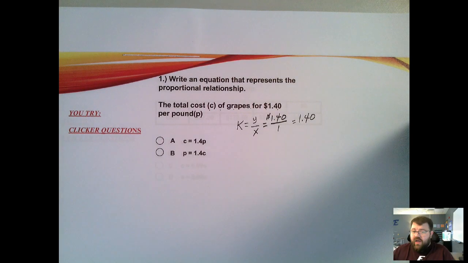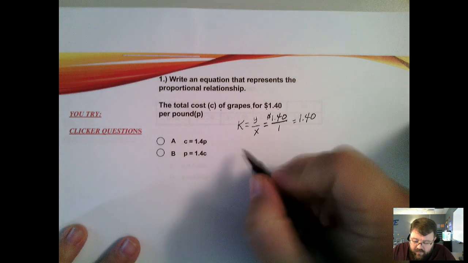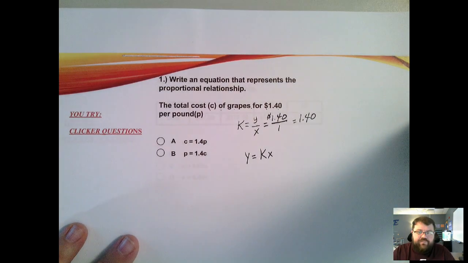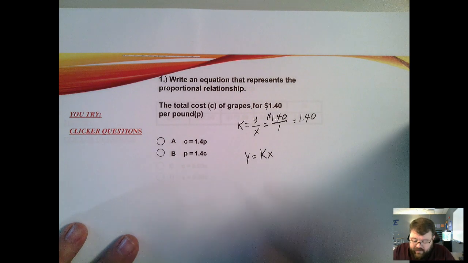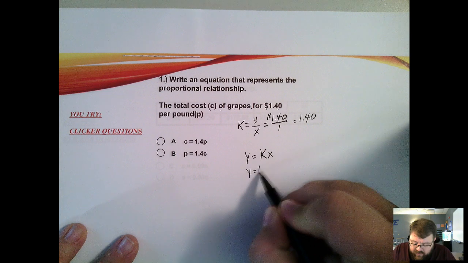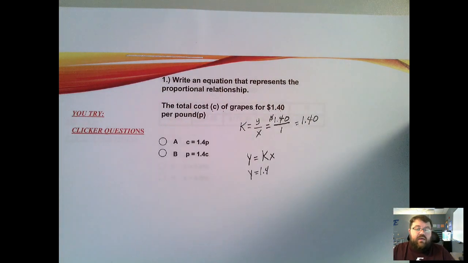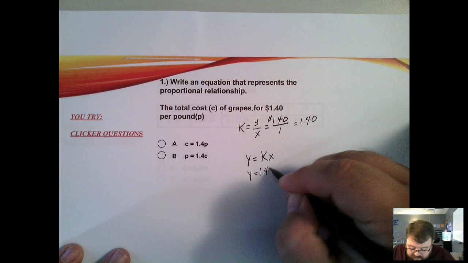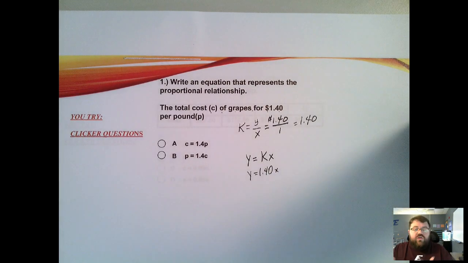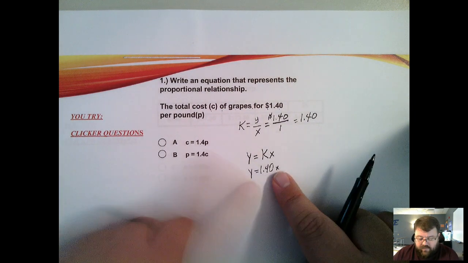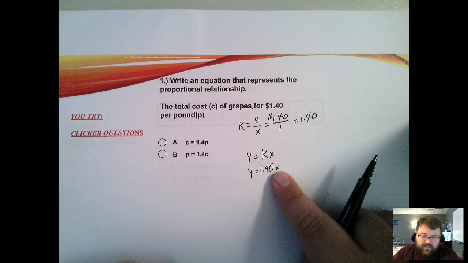Okay, hopefully you were able to say, well, y equals kx, okay? Hopefully you were able to say that y is equal to $1.40. Here they've written 1.4, which is the same thing. Now we're talking about money, so I'm going to put a 0 here. X. You should be able to get here. Now the difficult part is making it from here to here for some of you, and I understand that.